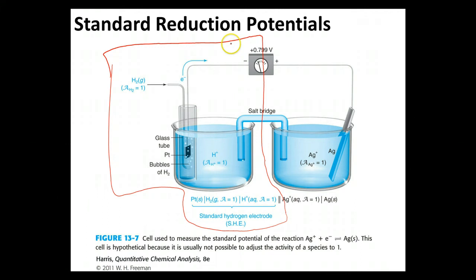Now, I want to just point something out too. Suppose we had this whole setup reversed. What if we had put this hydrogen gas setup over here, and we put this exact same beaker over here instead? Well, all that's going to happen is our voltmeter is going to be reading the opposite voltage, which is just going to tell us that the electrons aren't spontaneously flowing from the silver to the hydrogen.